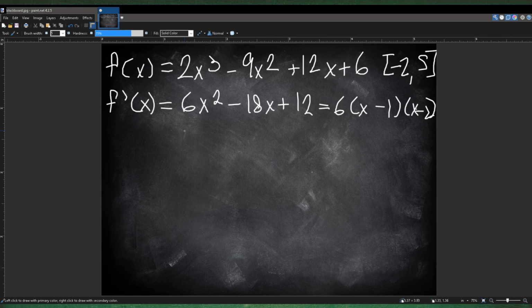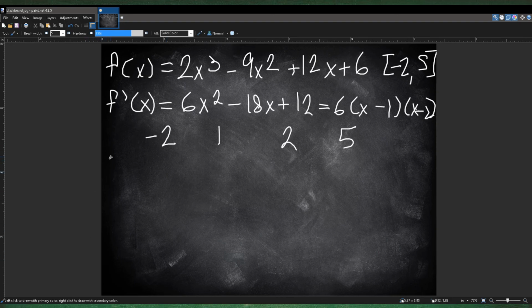So all you have to do from this point is make a sign chart. We went from -2 to 5, right? So we're going to put everything in order. We have -2, we have 1, we have 2, and we have 5. These were our original points. Now we just put them into a sign chart.